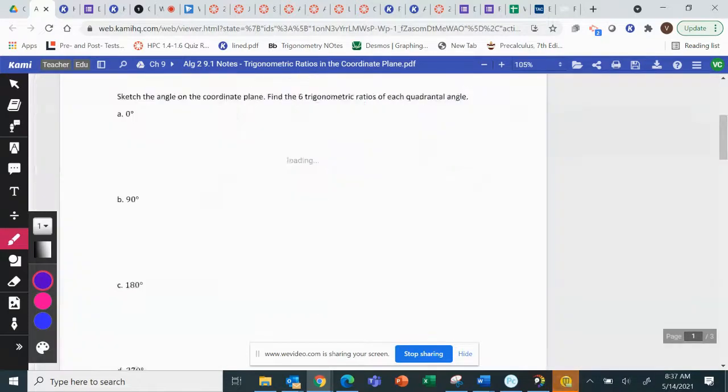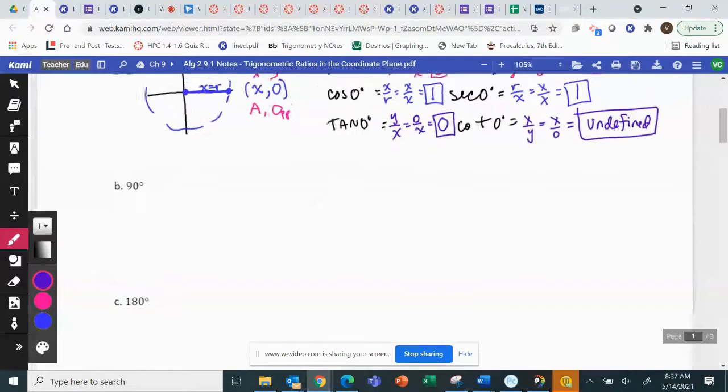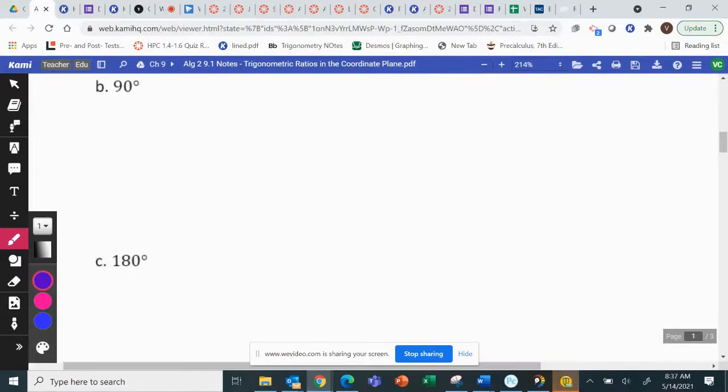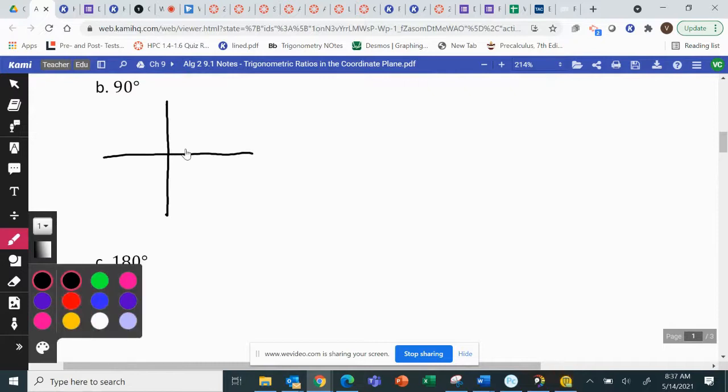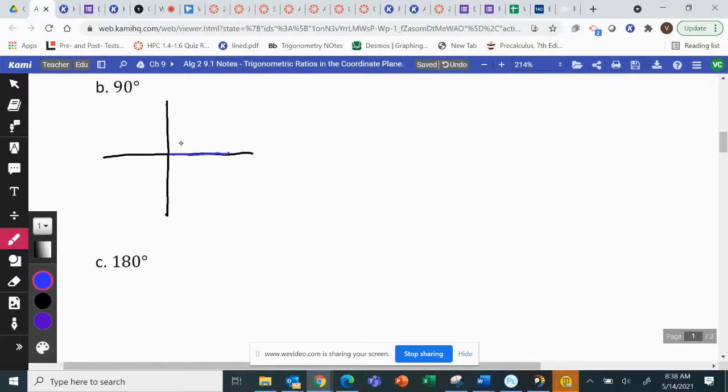Okay, the next one is 90 degrees. Again, it's called a quadrantal. It's not in the quadrant. It doesn't make a triangle. So we've got our initial side and then our terminal side. But you can't go x, y and create a triangle because what is x at this point? 0, and then y is whatever y is.